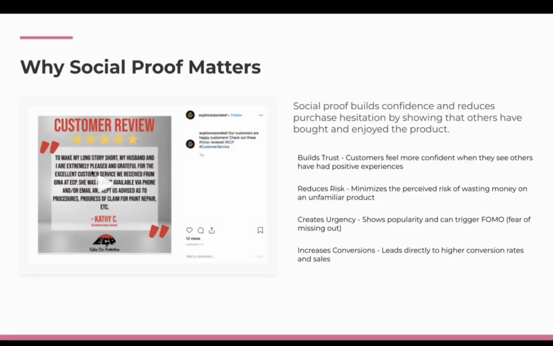Similar to if I'm on Amazon trying to buy a product, like bug spray or whatever. I immediately go to the reviews and read them, but not only that, I look at the number of stars they have, and I look at how many reviews they have.